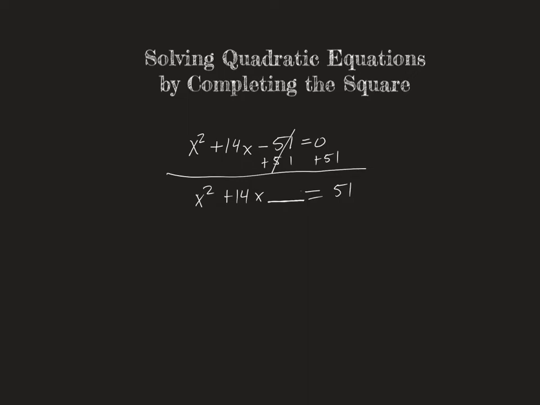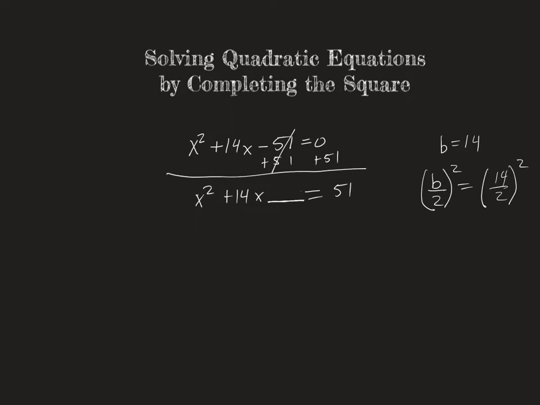So we're going to grab the number, b is equal to 14, and to complete the square, you do b divided by 2, and then square it. So now you're going to get 14 divided by 2, and then you square it.